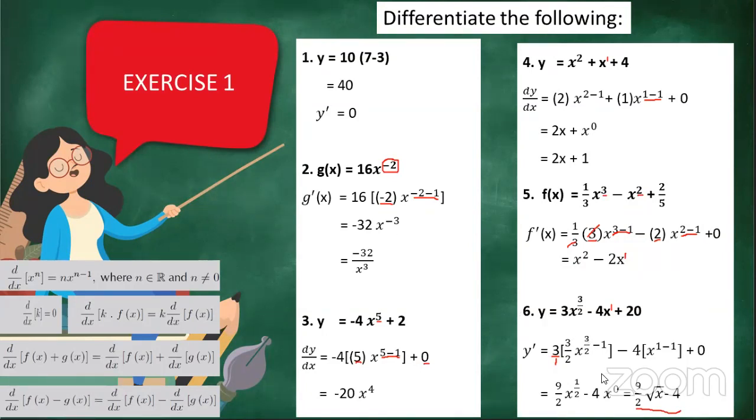Number 6. Okay, it's Caleb Mkize. Yes, you have a question with regards to number 6. I was wondering, why can't we write the answer as 9 over 2x to the power half minus 4?